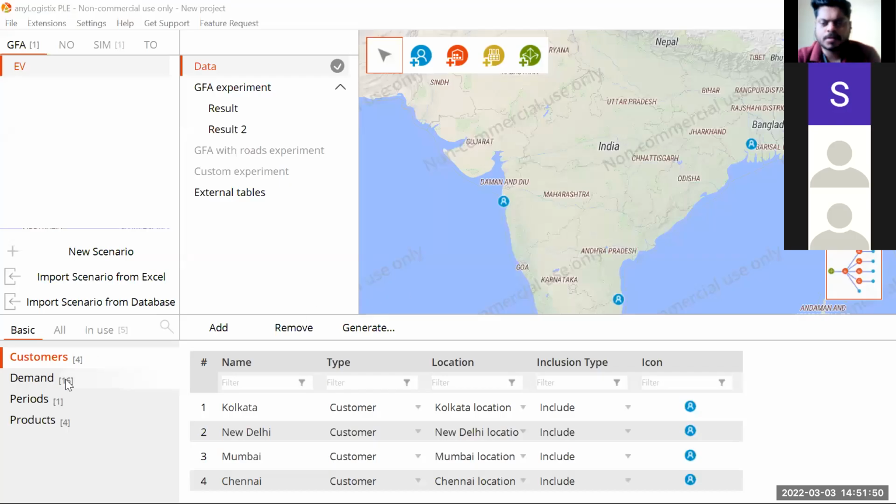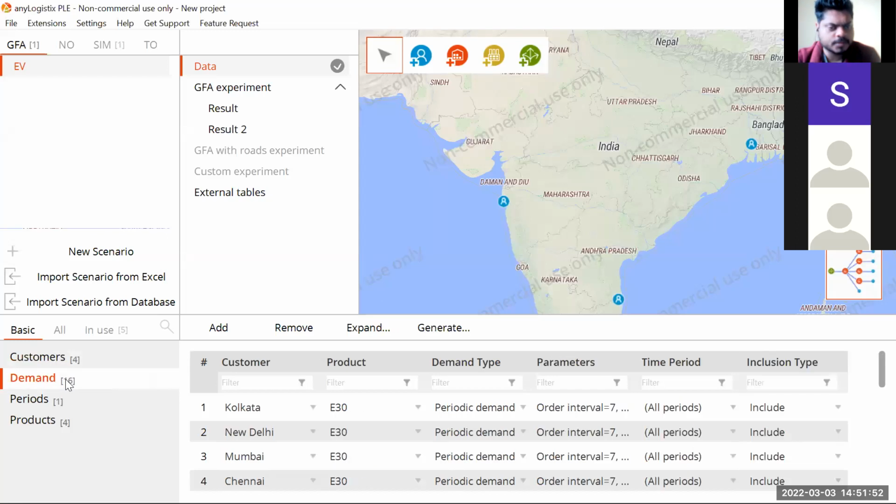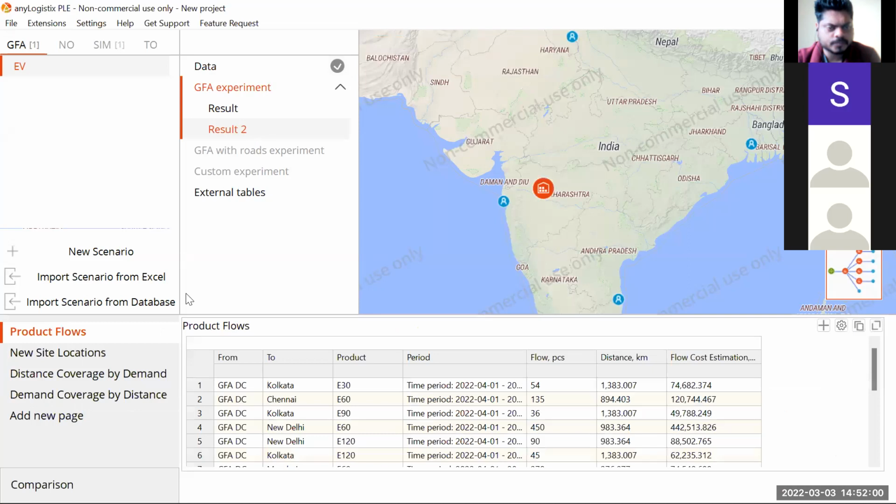Sharing, sorry. Can you see my screen? Yes. So this is what I'm getting. So the number of pieces it is showing is more.